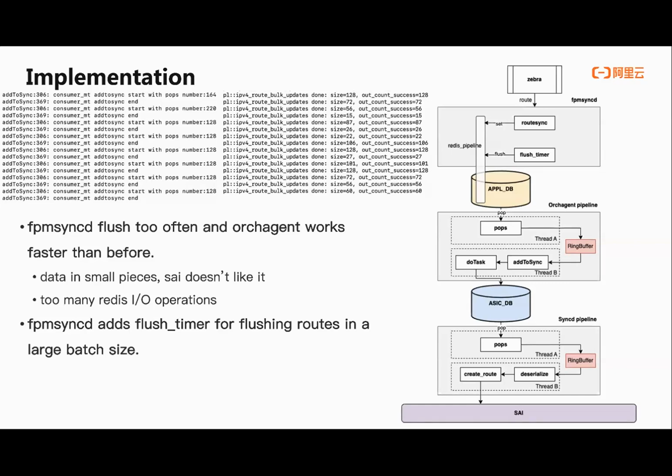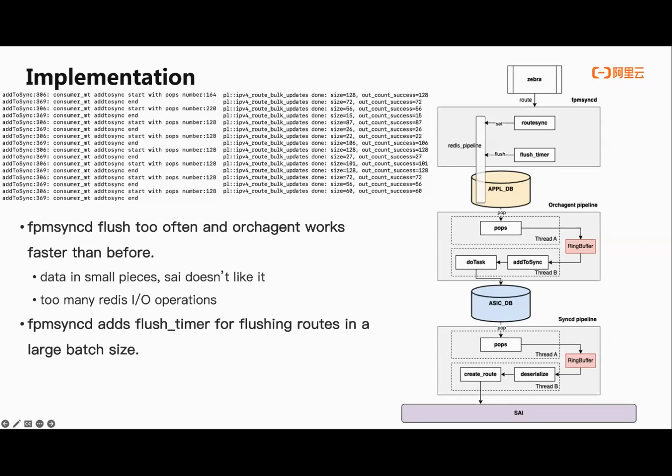So for FPM SYNC-D, it actually flushes every time after it receives a netlink message. And when org agent worked slower before, in the original SONiC, routes can be buffered in Redis in APPLDB, but now org agent works much faster.